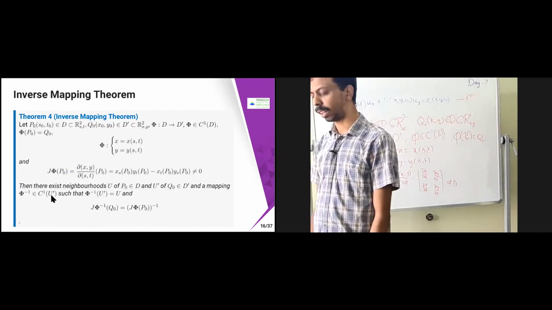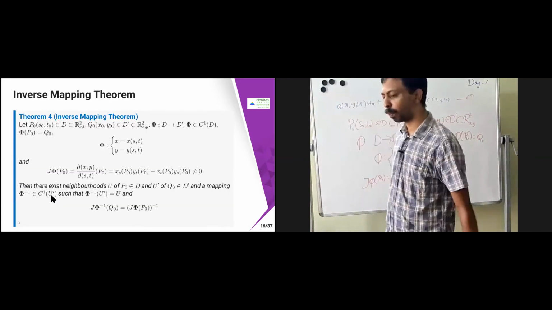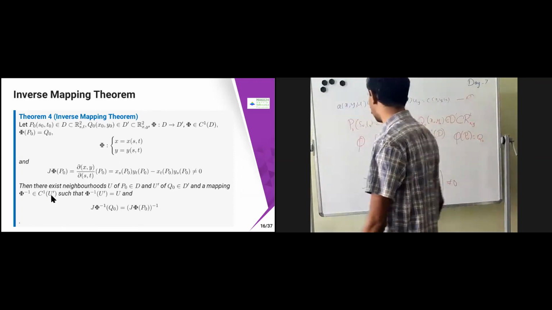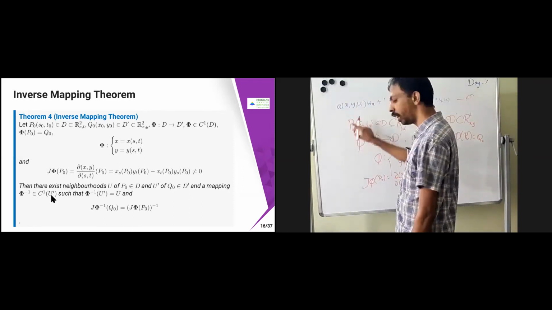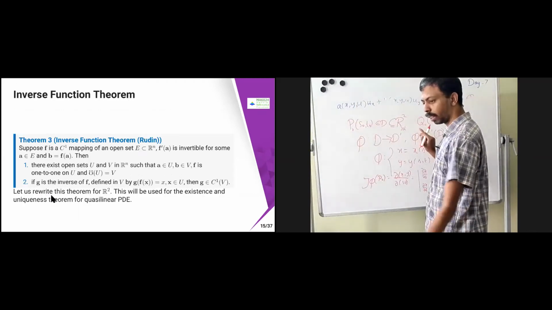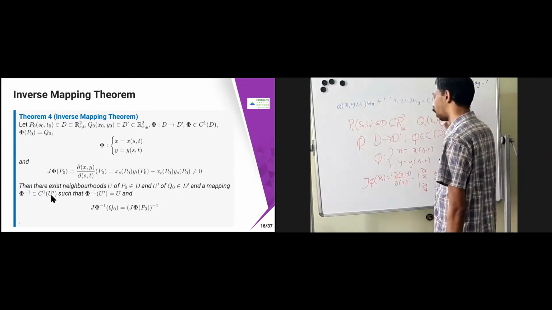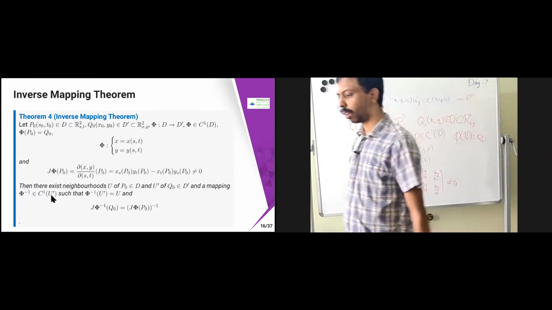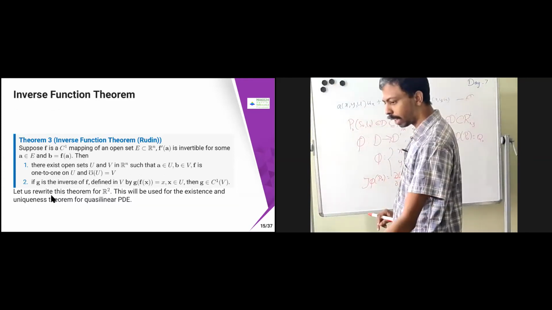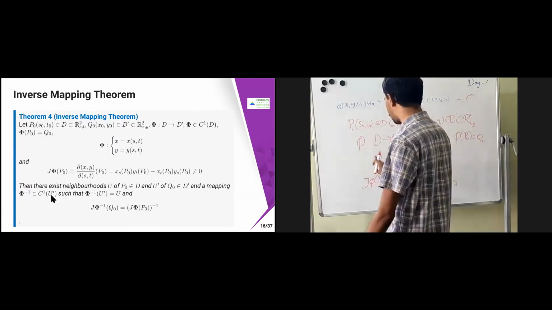Then there is a neighborhood U of P naught in D, and a neighborhood U dash of Q naught in D dash, such that there is an inverse.